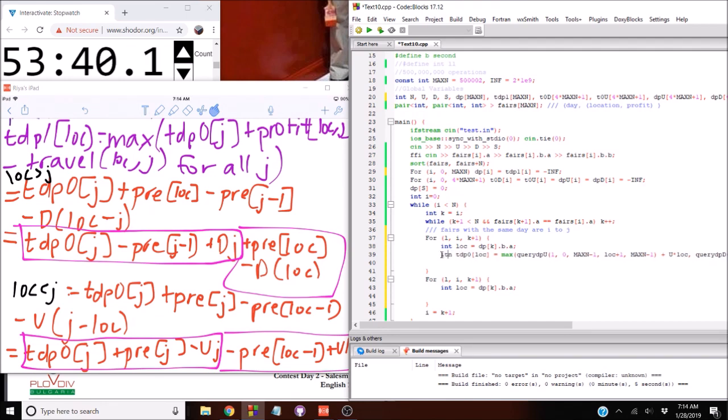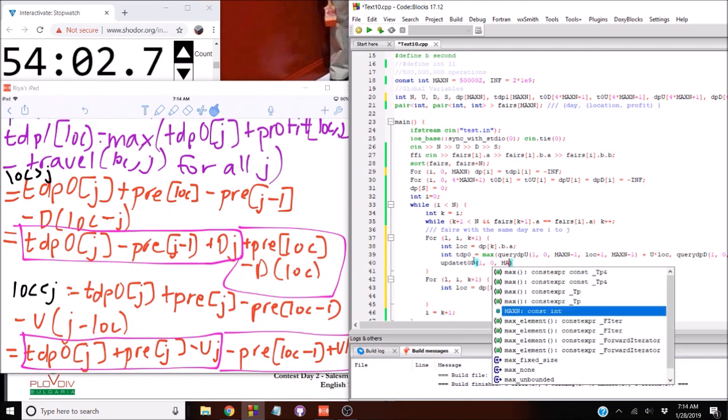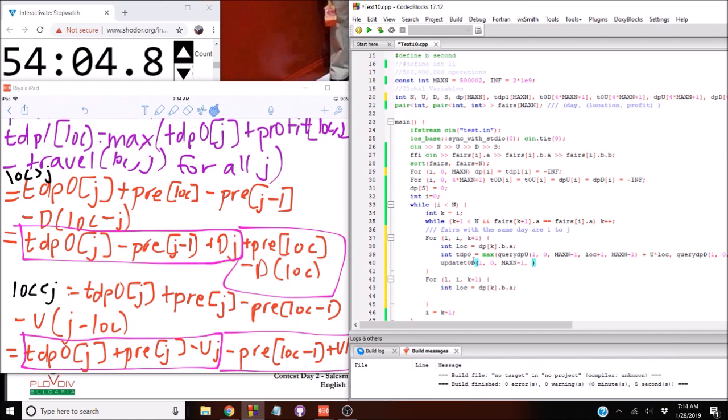I'll just say, so we update, and this seg tree is called T0D. One zero max in minus 1.